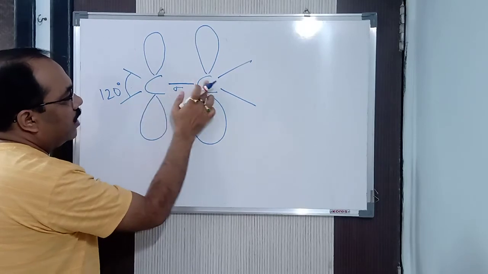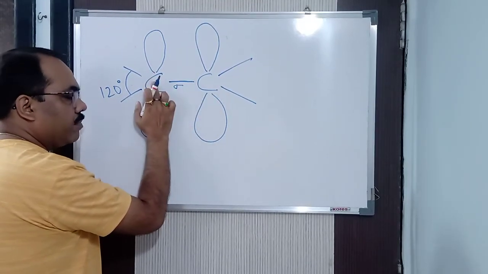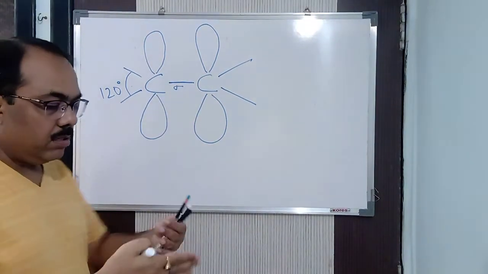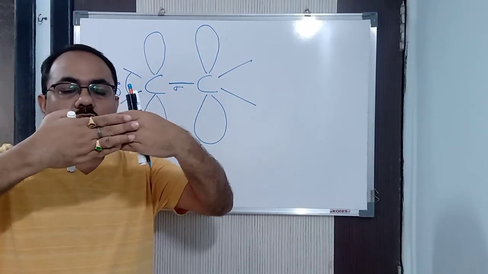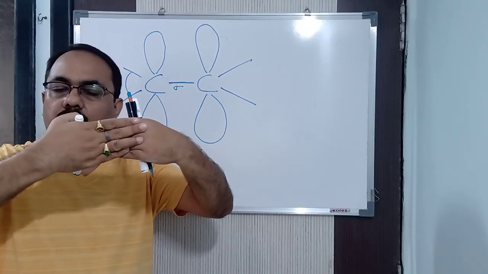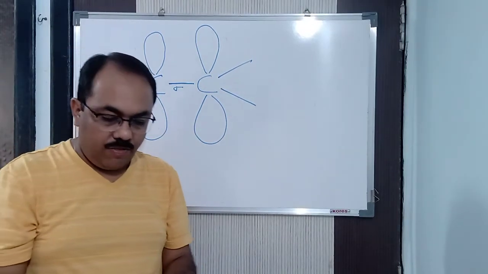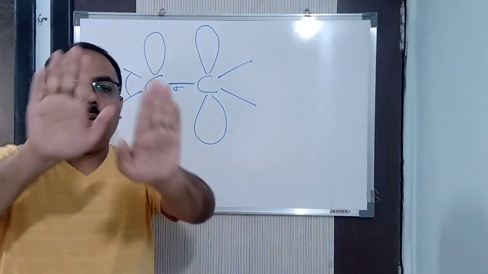In the case of the sigma bond, when the carbon-carbon orbitals overlap, the bonding that takes place is head-on overlapping. Head-on means this sort of, one upon the other. So it's a very strong bond, the sigma bond. But how is the pi bond formed? The pi bond is formed due to lateral, sidewise overlapping, this sort of.